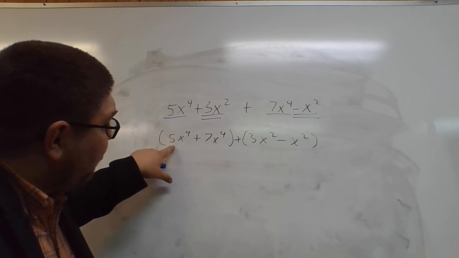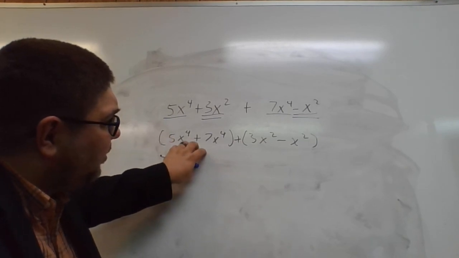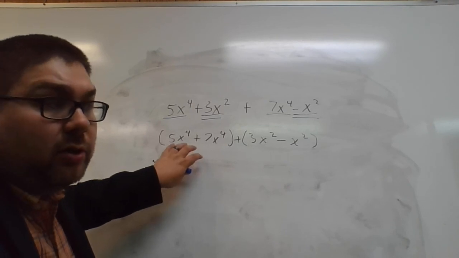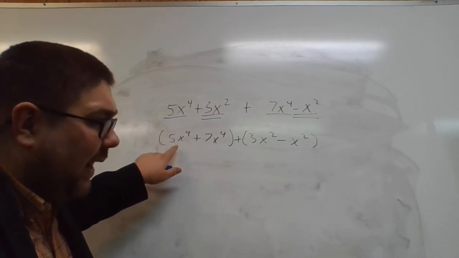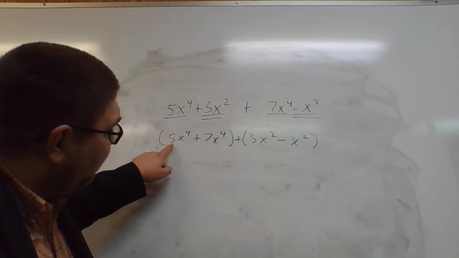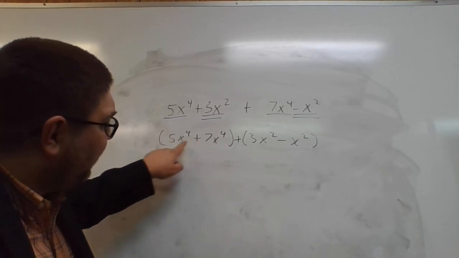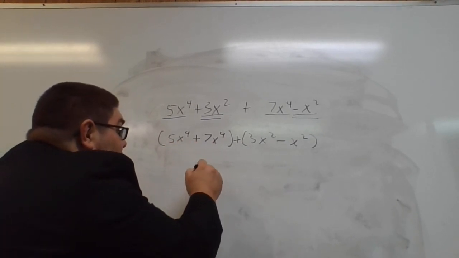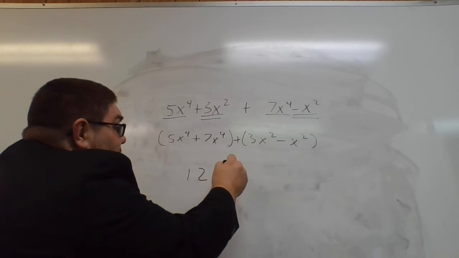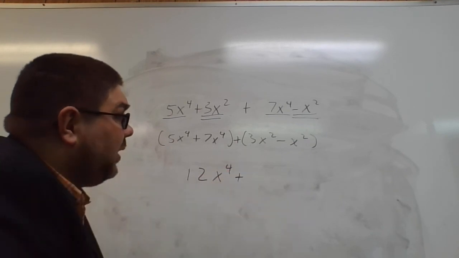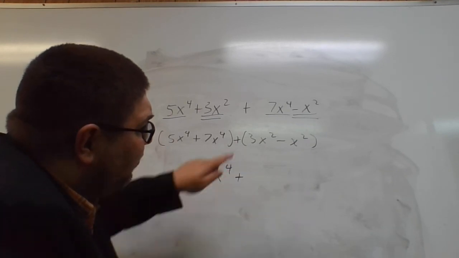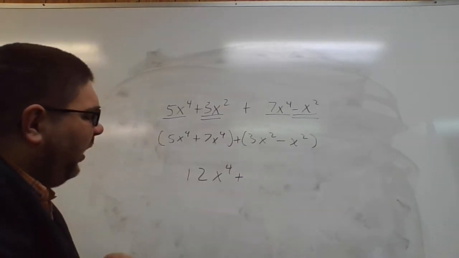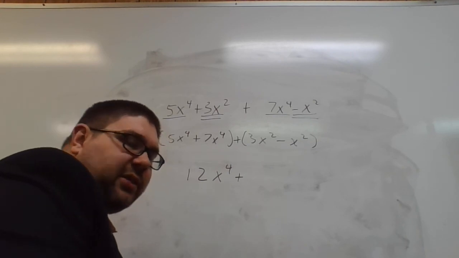If you look at this now, this is going to tell us the number of x to the fourths. We of course add the coefficients together. 5 plus 7 equals 12. That is our number of x to the fourths. And then on this side, we have x to the seconds, or x squared, they mean the same thing.